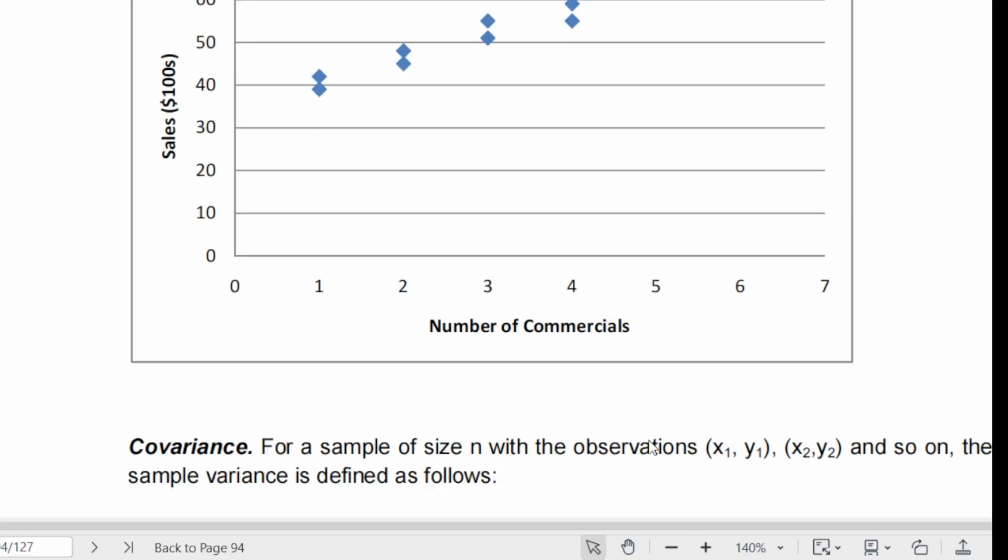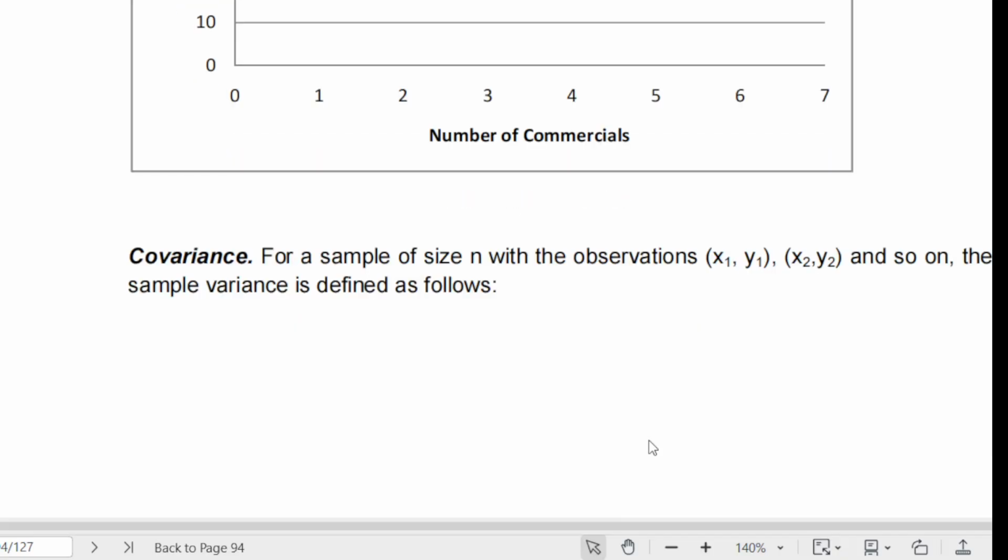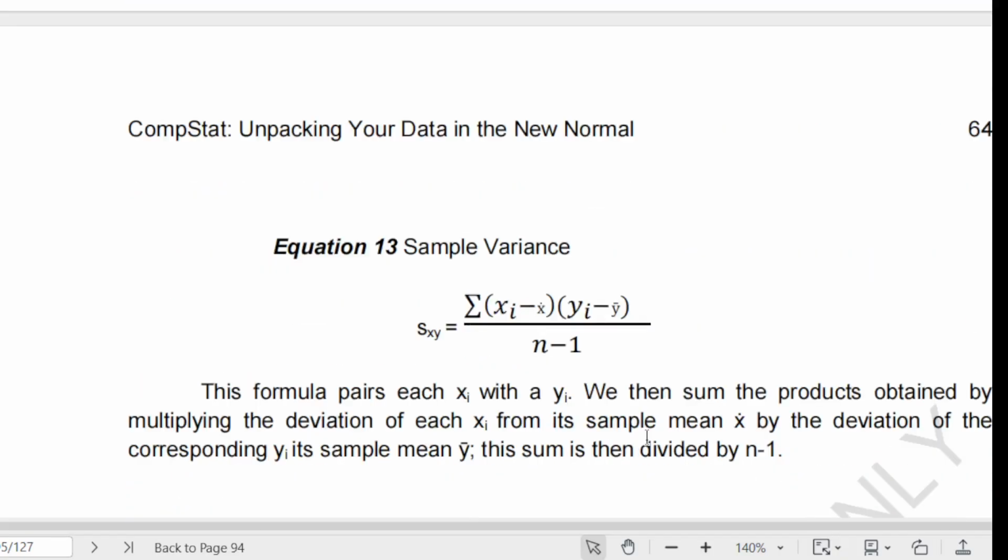For a sample of size n with observations x1, y1, x2, y2, and so on, the sample covariance is defined as follows. This is the sample covariance, Sxy: the summation of xi minus the mean of x, times yi minus the mean of y, divided by n minus 1.